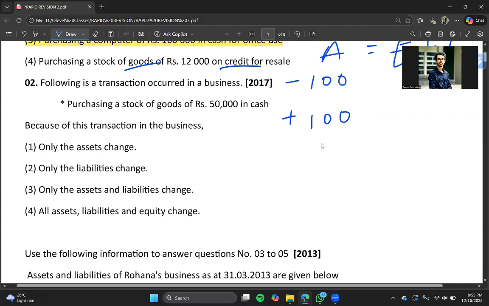Only assets change, only the liabilities change, only the assets and liabilities change, or all assets, liability, and equity change. So when you purchase goods for rupees 50,000 in cash, only the assets will change. Nothing else happens. The net impact is 0, but the type of the asset will change, from cash to goods stock.